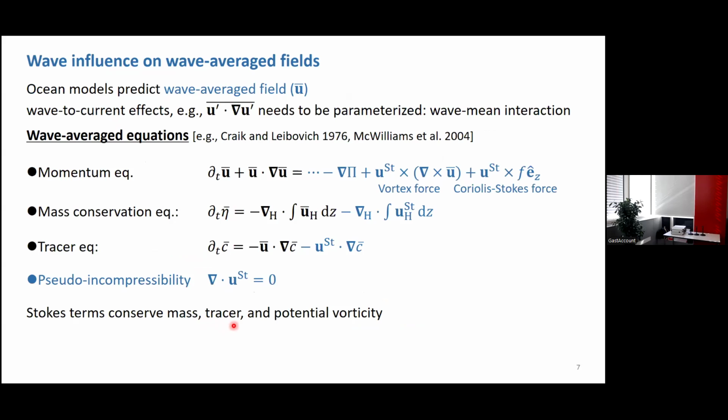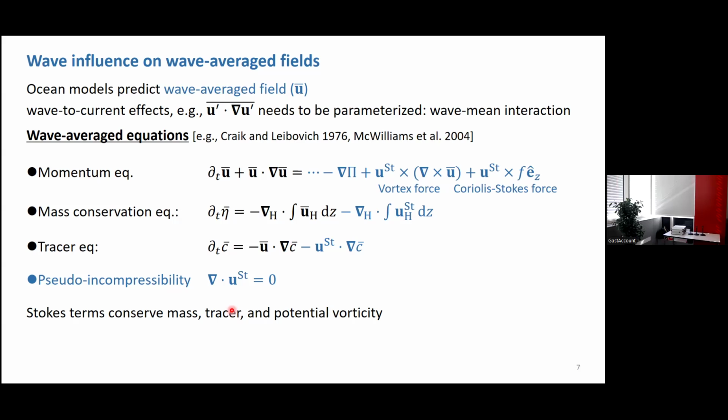Okay, so in order to incorporate the wave effect into the ocean models, people have used something called wave average equations. Ocean models nowadays are high resolution, but their horizontal grid scale is still much larger than typical wavelengths of the surface waves.